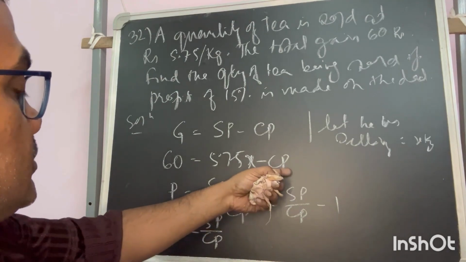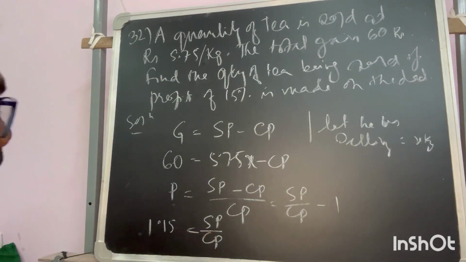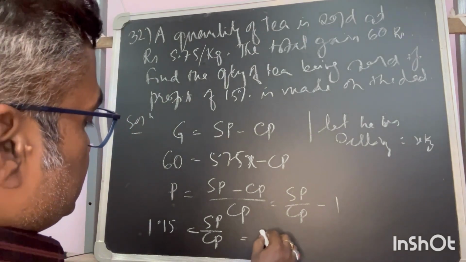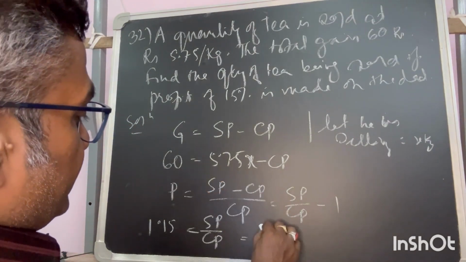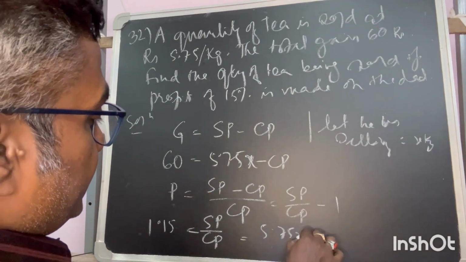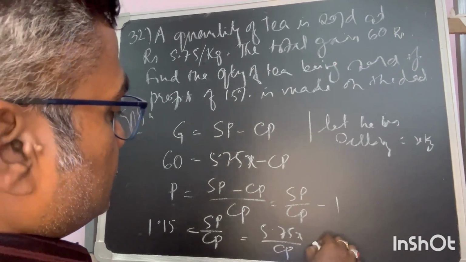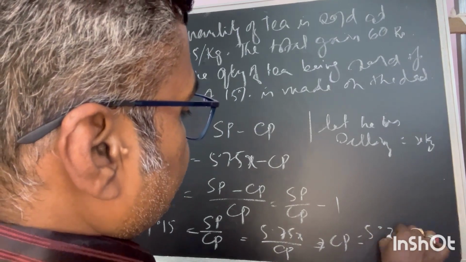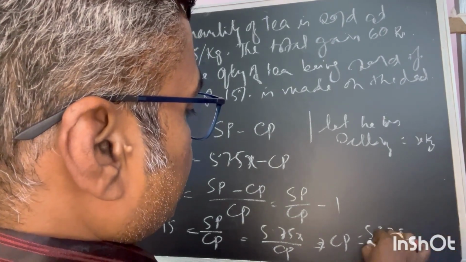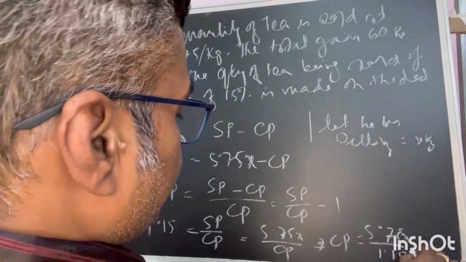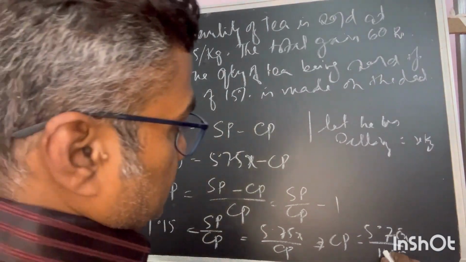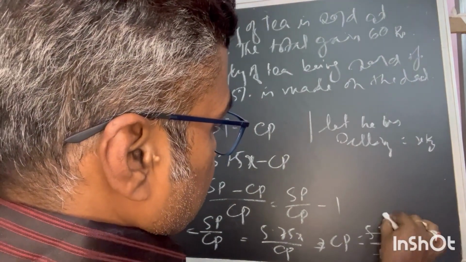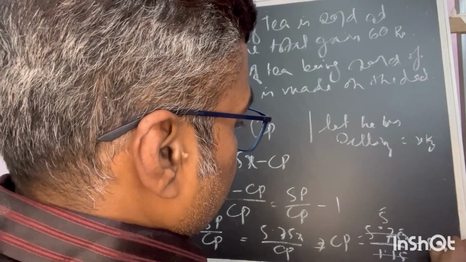SP you know: the SP is 5.75x upon CP. So CP is equal to 5.75x by 1.15. If you cancel, this is equal to 5x. So CP is equal to 5x.